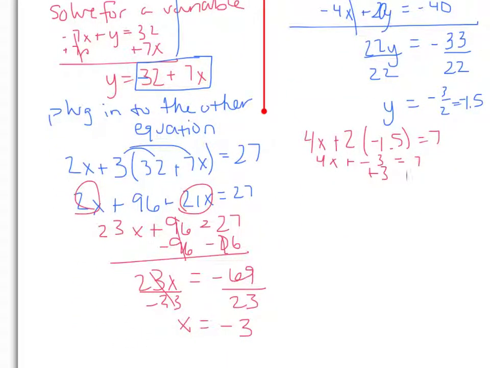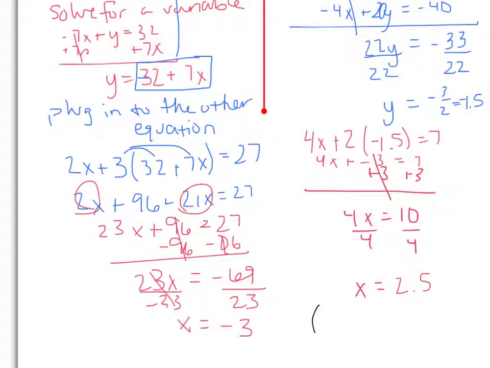Add 3 on both sides. 4x equals 10. Divide by 4. x equals 2.5. And we get our final answer. These two lines would intersect or have the exact same values when x is 2.5 and y is negative 1.5.